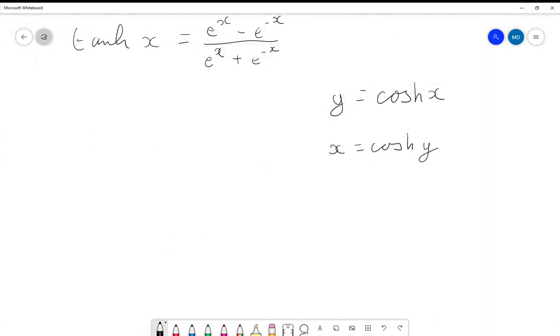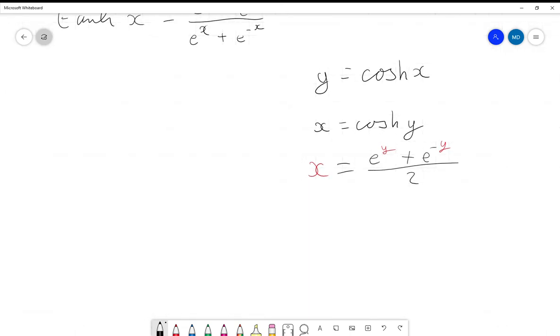And using our rule as above, we end up with x equals e to the y plus e to the minus y all over 2. And that's our definition, and we have to rearrange now to find the actual inverse function for y.